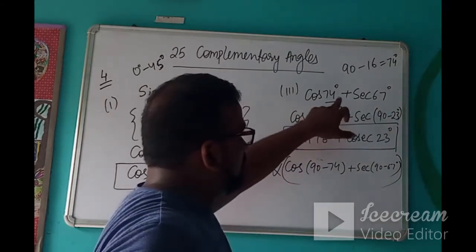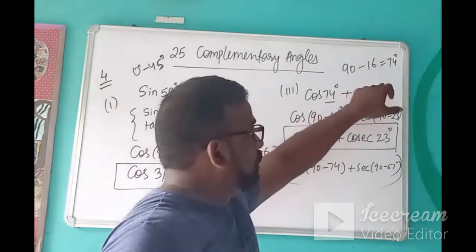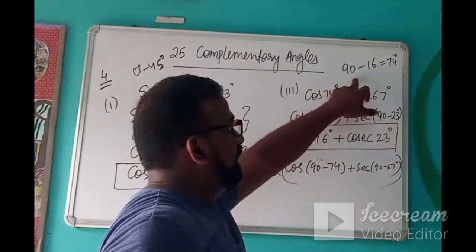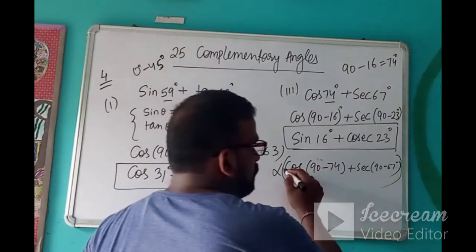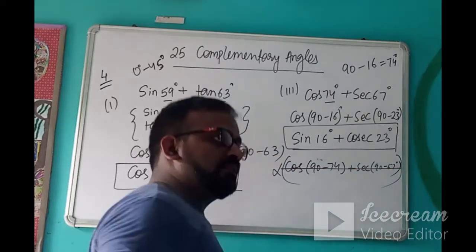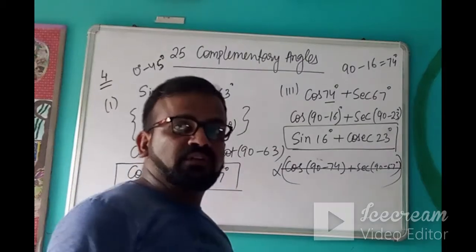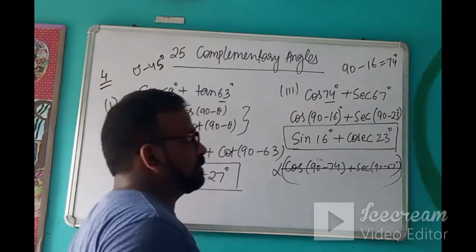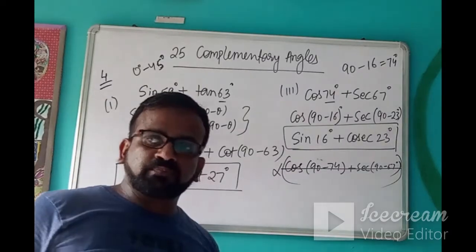You have to replace 74 by 90 minus 16. You have to find the value which you will subtract from 90 so that you will get the angle. Do not do this, otherwise your question will be wrong. You may get the right answer, but that will not be the right way to solve the question. Either you use this method or you use the other method.